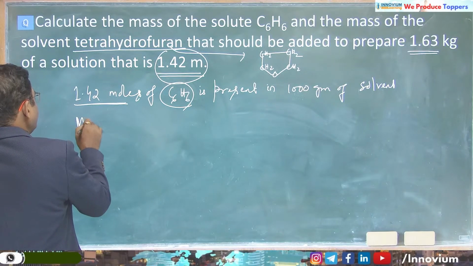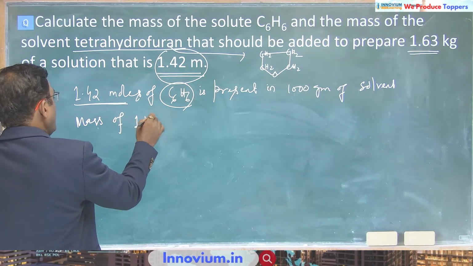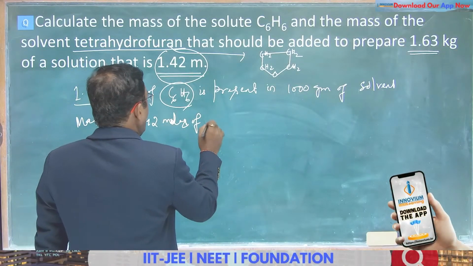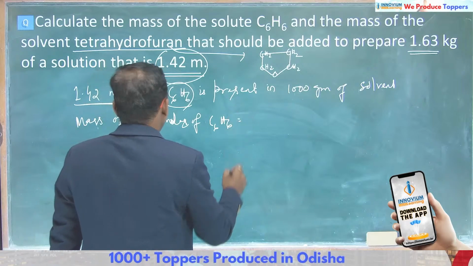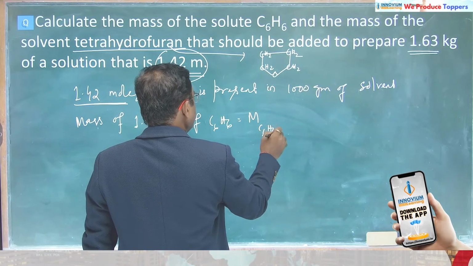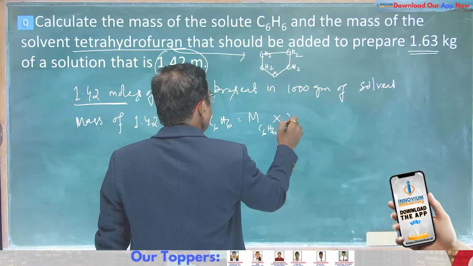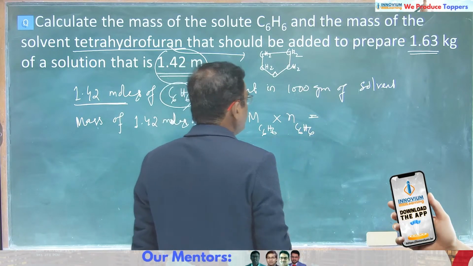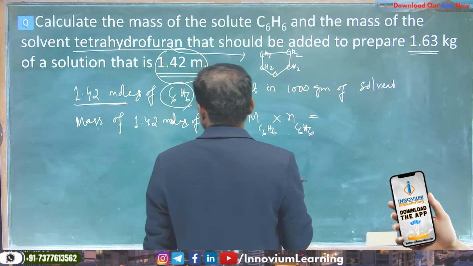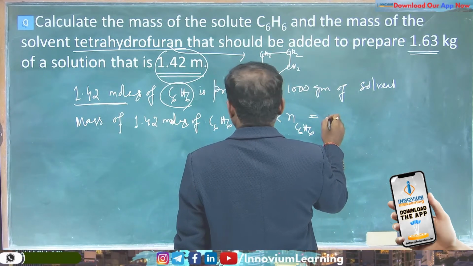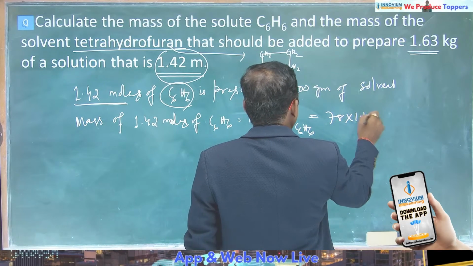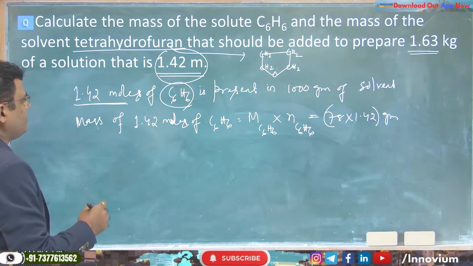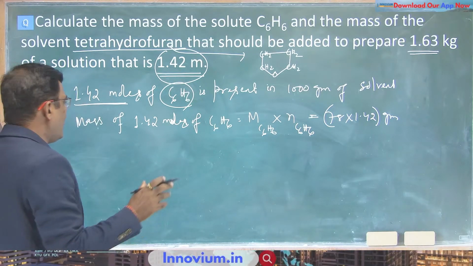So mass of 1.42 moles of benzene is equal to molar mass of benzene multiplied with number of moles of benzene. Molar mass multiplied with number of moles gives the mass of benzene. So that is 78 into 1.42 gram.